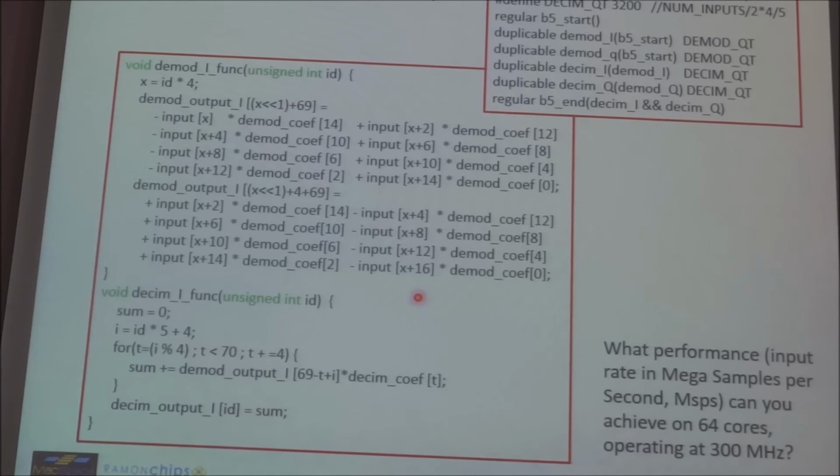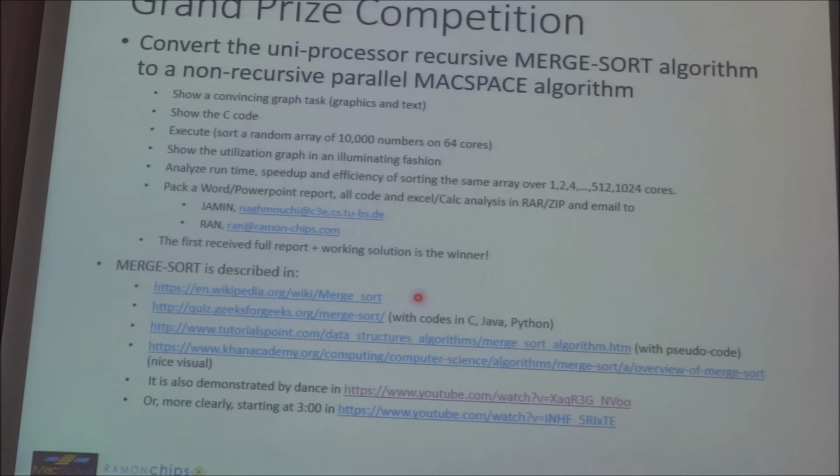So this story of B5 code concludes what we wanted to say, and this is the last slide that I showed earlier about the great prize. It is related to a question we never touched today, which has to do with your own ability to program or to think about recursion.